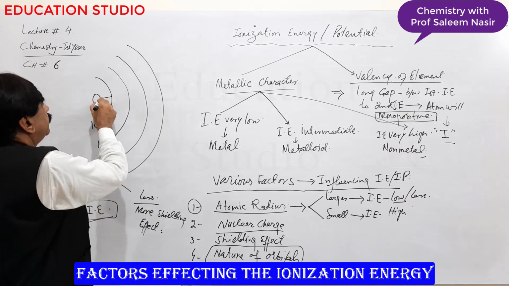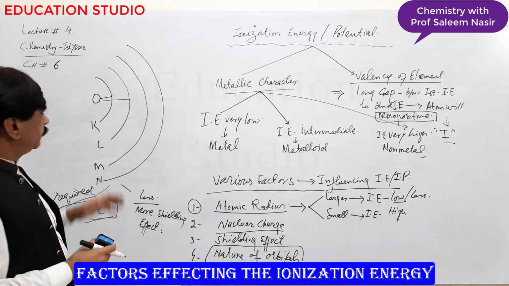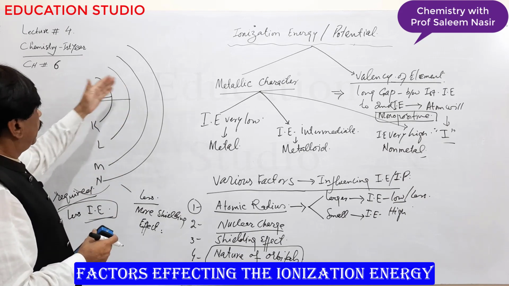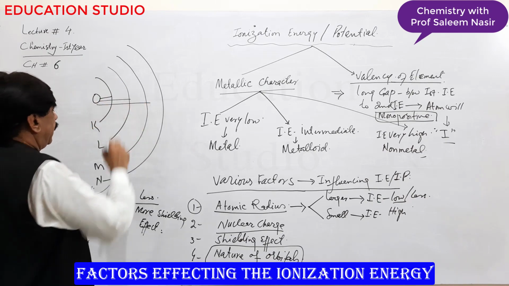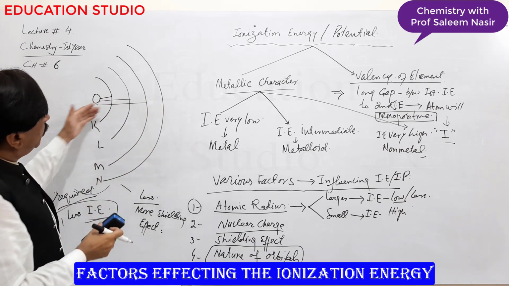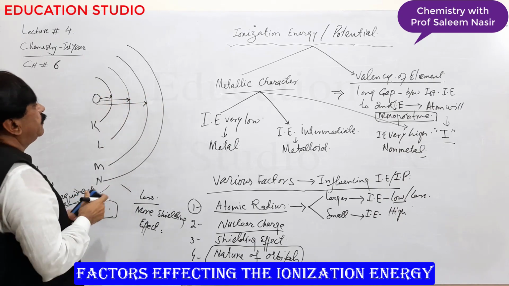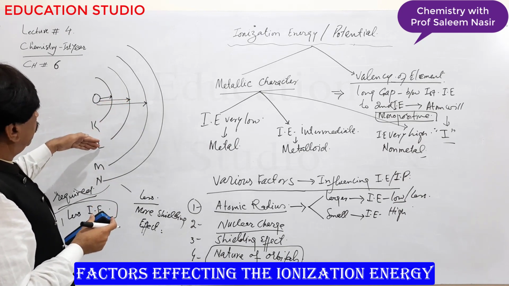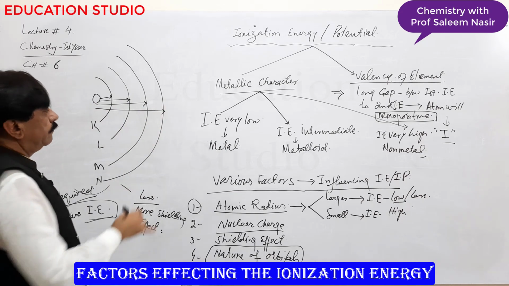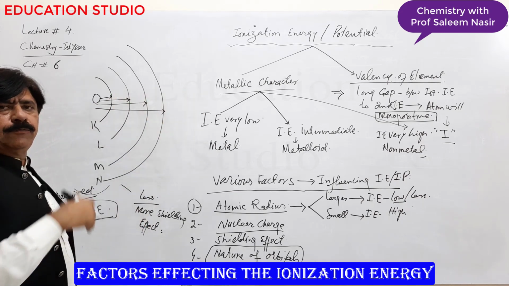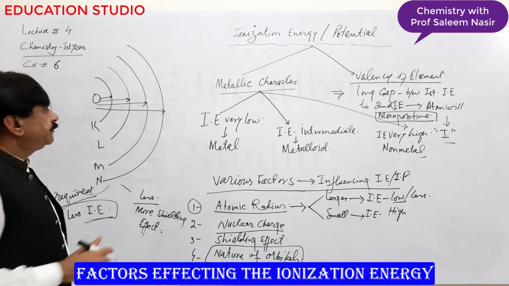Similarly, L is away from the nucleus, so less energy will be required as compared to the K. And similarly, M is more away from the nucleus, and it will need less energy to remove the electron as compared to the L. And if we consider the N, it is even more away from the nucleus influence on the valence electron.